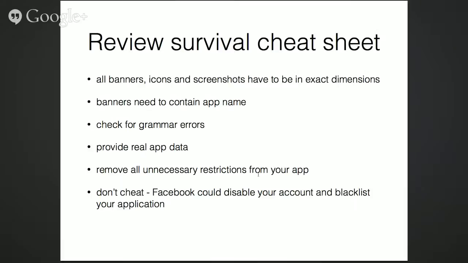They will review your custom stories, and if you have a small grammatical error, they will decline your review. You need to provide real application data. For example, if you provide a fake developer's email, they will find out and they will decline your review.